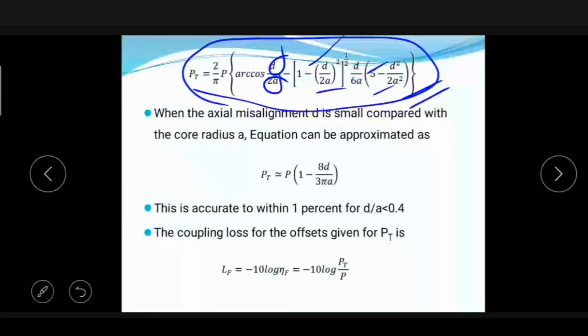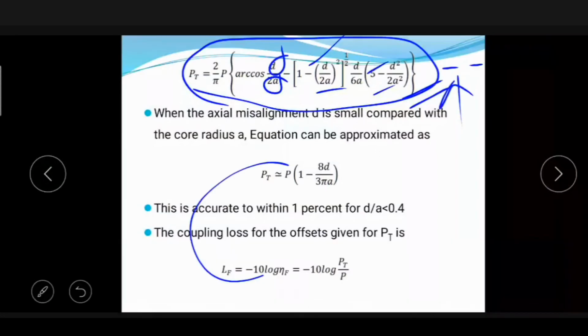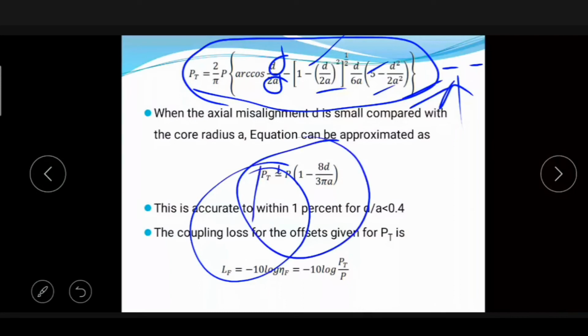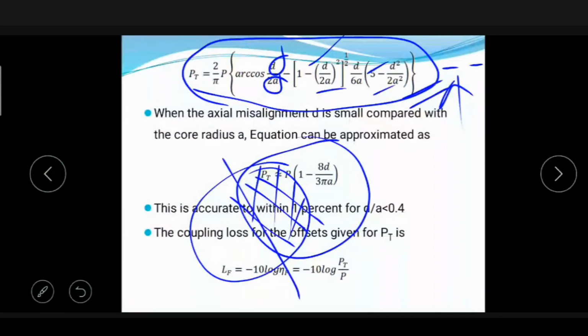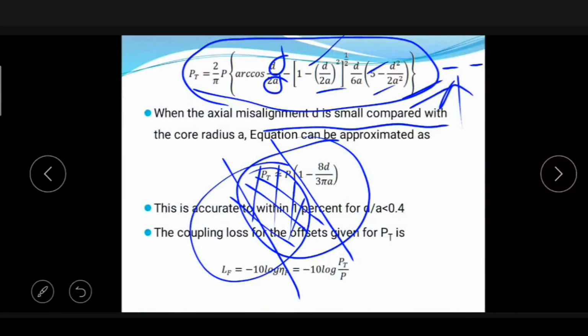Now this is for when the axial misalignment is more. We have taken it earlier, the axial misalignment is more here, this distance is more. If the axial misalignment is small compared to the core radius, so this is a very small misalignment, then the equation is this.